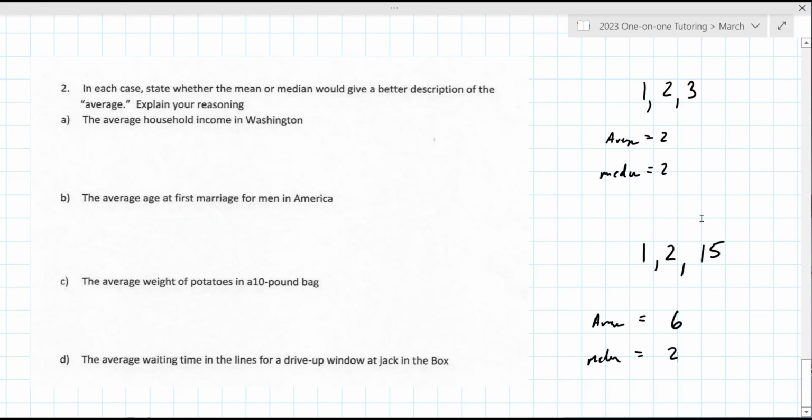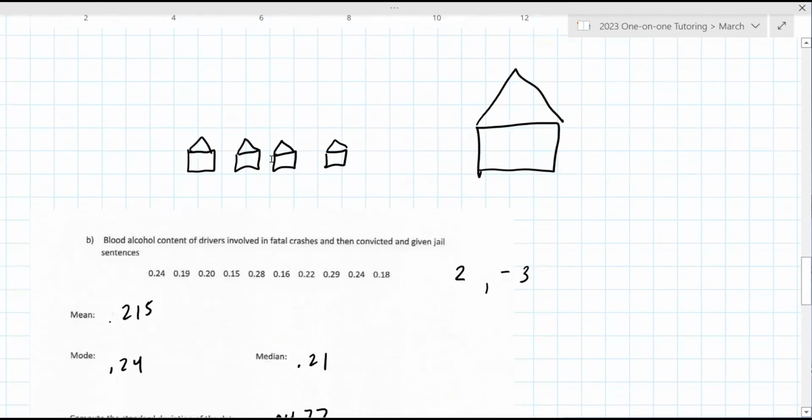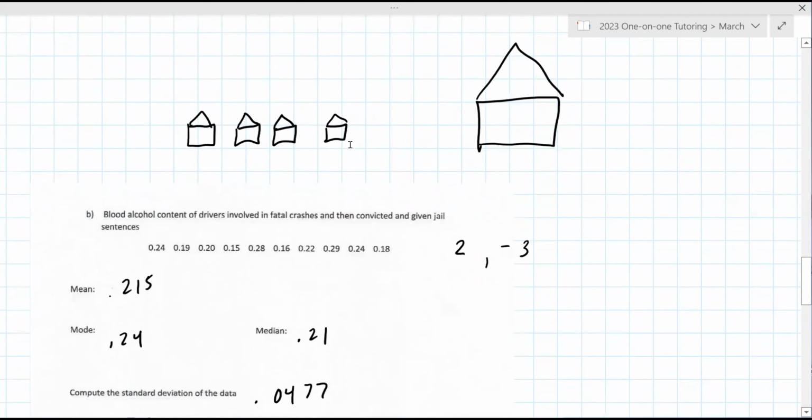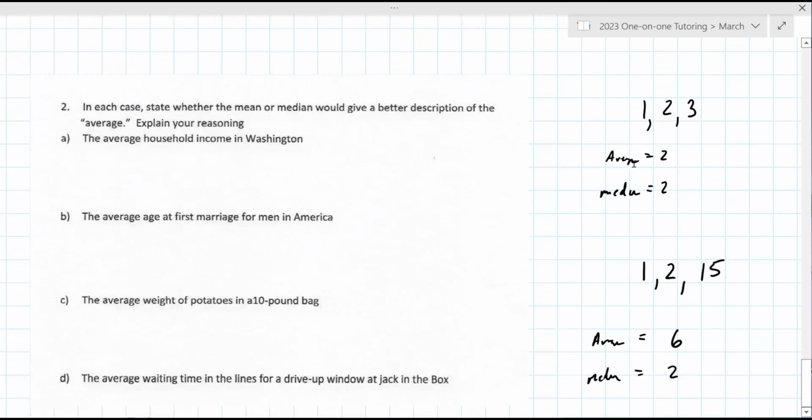So the idea here is that the average is influenced by extreme values. And that was the illustration of the McMansion here. You've got 4 little houses and then a big house. These are more representative of the neighborhood. So the idea here, and this is very important, is that the average is influenced by outliers.